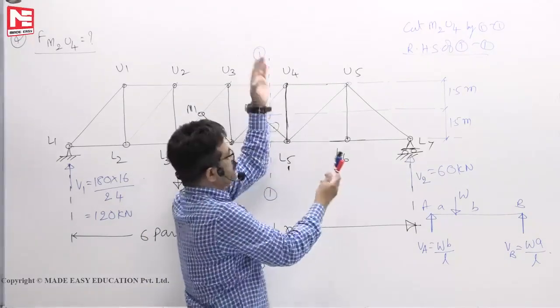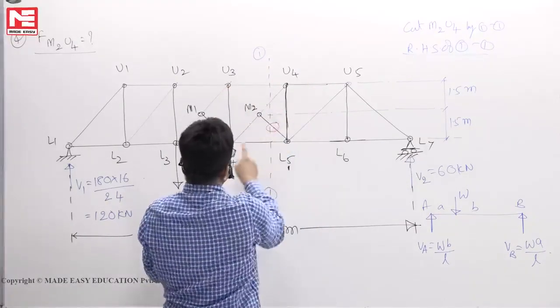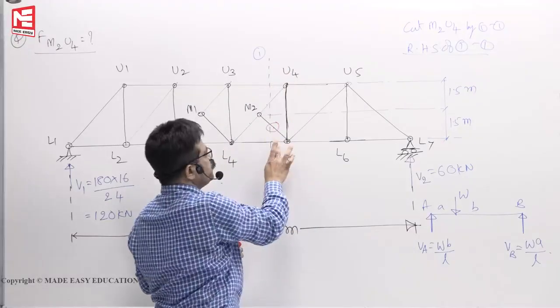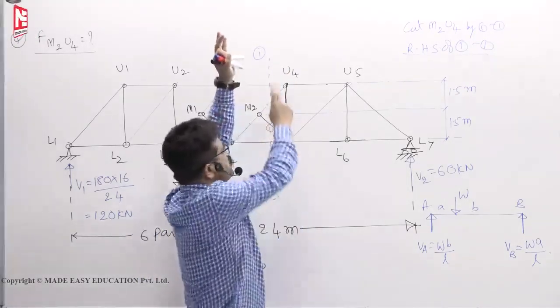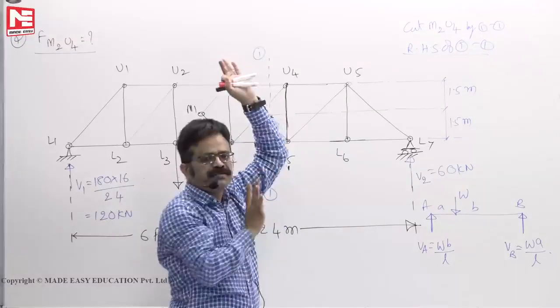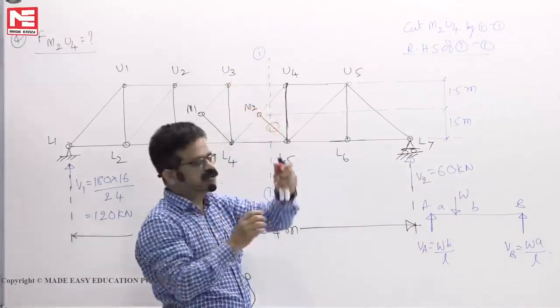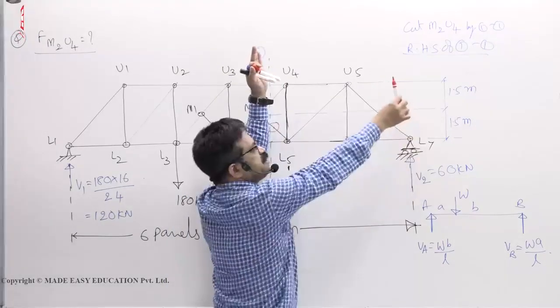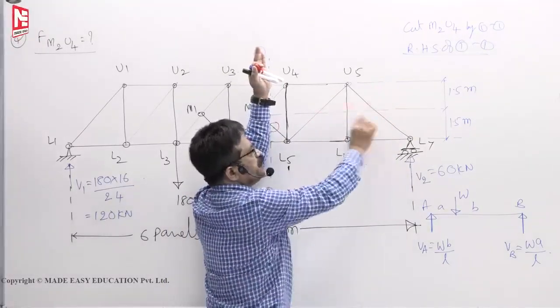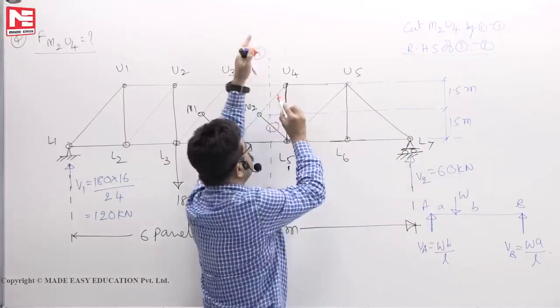Cut here, look at the right side. We are not interested in U3U4, L4L5; these two we don't want. This is already 0, only this I want. Since horizontal members should not come into the picture, we have to use sigma Fy = 0. So cut here, look at the right side. Already 60 up. These arrows we are not interested in. 60 up, here it should be 60 down.